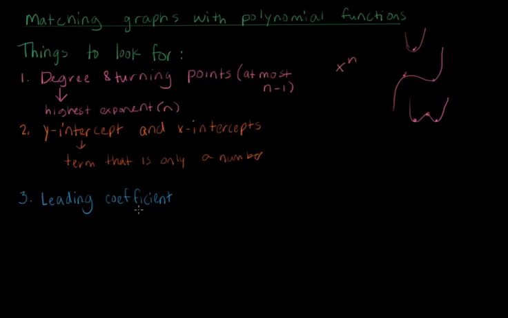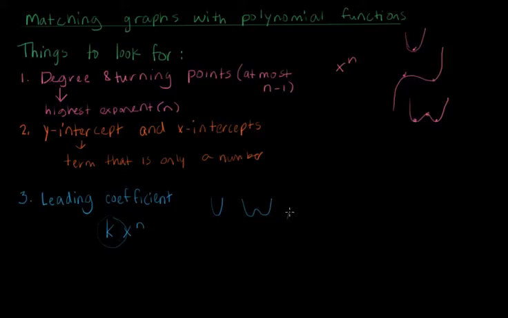We also want to look at the leading coefficient. The leading coefficient is the number that's in front of the x to the n, so it's like k x to the n. Whatever the number here is, we want to look at if it's positive or negative especially. If it's positive, then it's going to be up opening, or if it's a parabola, it would look like this, or if it's an x to the fourth, it would look like this.